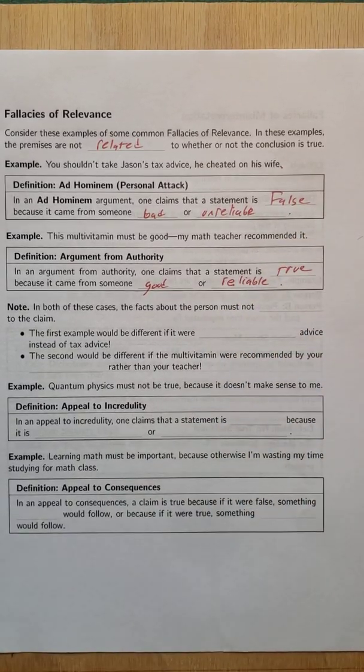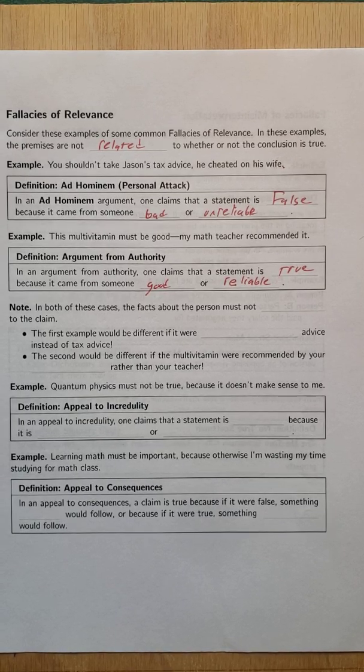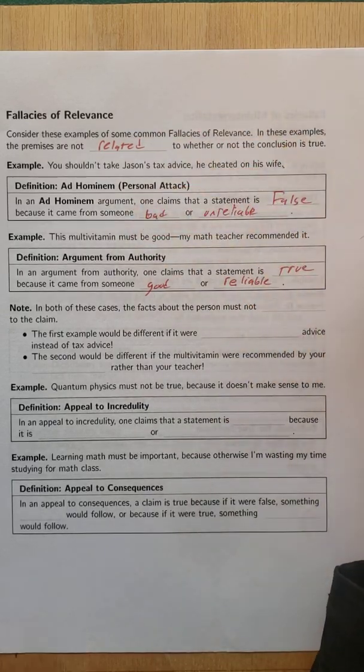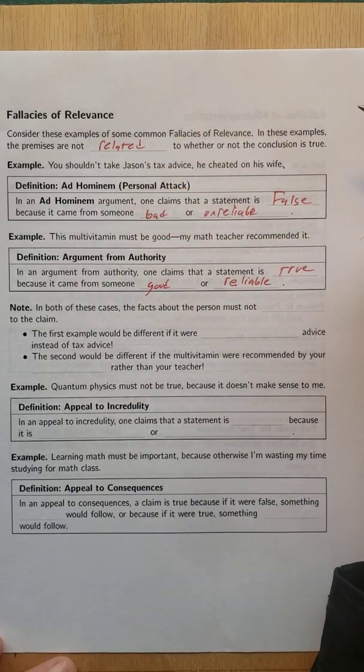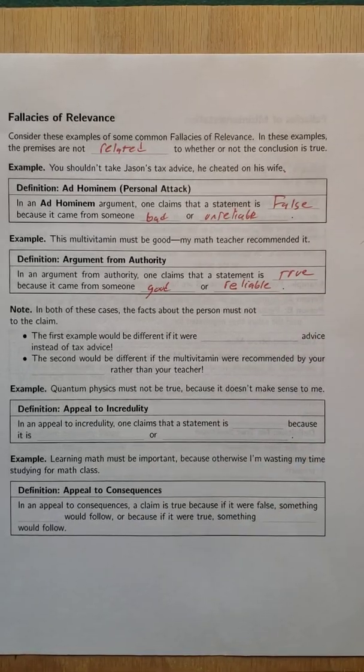My math teacher recommended it, so this vitamin must be good. But that's irrelevant. Again, a fallacy of relevance, because a math teacher doesn't necessarily know anything about vitamins. So that's an argument from authority.